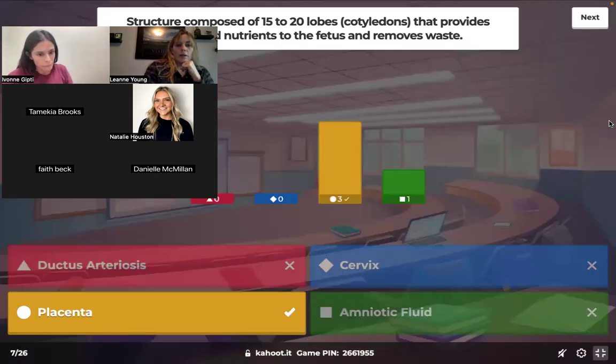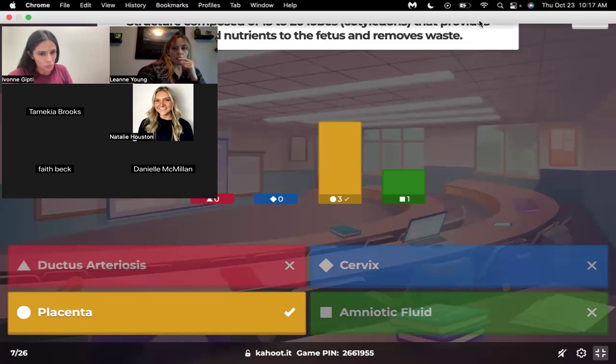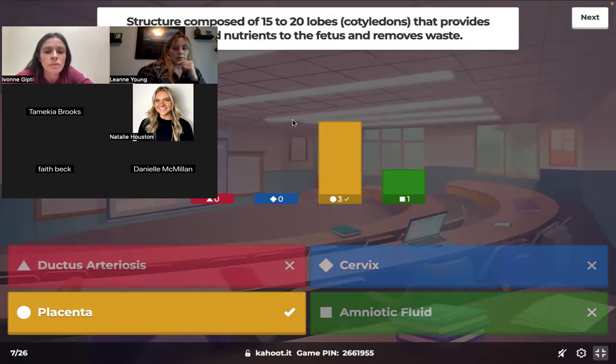Yep, your placenta. This is worded very interestingly, but basically, your placenta is comprised of different lobes. We didn't go into that in super detail during class because we weren't identifying each individual one, but for your placenta, I would definitely know the purpose of a placenta in providing oxygen and removing fetal waste. Okay, just definitely know the overall functions of these organs in fetal development.